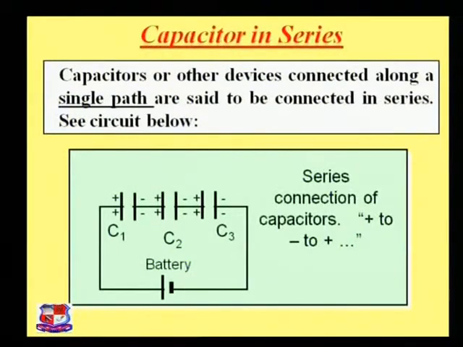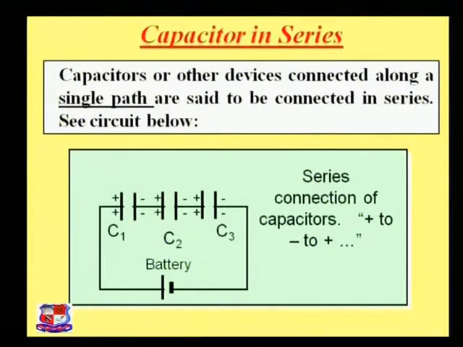Now the capacitors in series form. What happens whenever we are connecting the capacitors in series? And what is the series? If you are applying a single path to all the capacitors, then this kind of configuration is known as a series configuration. Here we can see that the positive terminal of the battery is connected with the first capacitor's positive terminal.